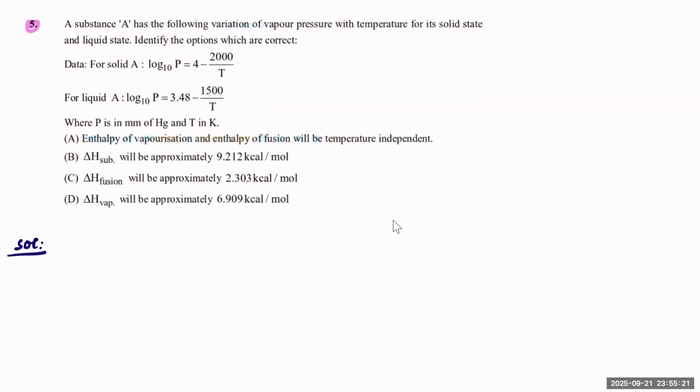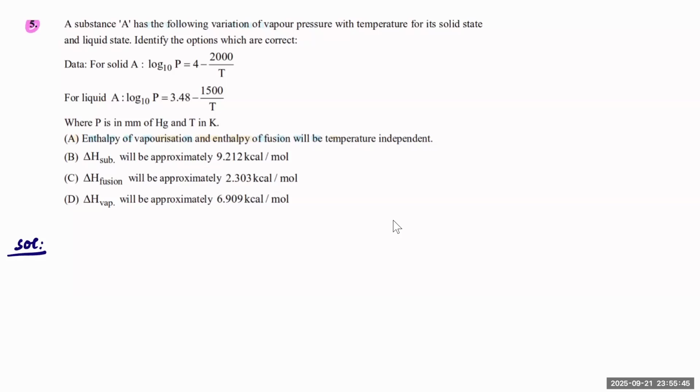So let us read it out and try to understand what is being asked, everybody. A substance A has the following variation of vapor pressure with temperature for its solid state and liquid state. Identify the options which are correct.